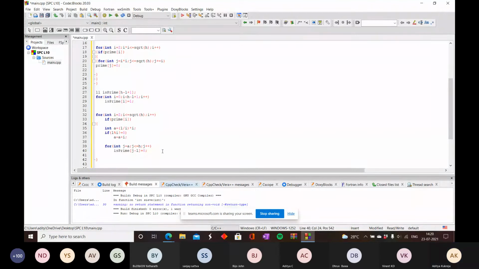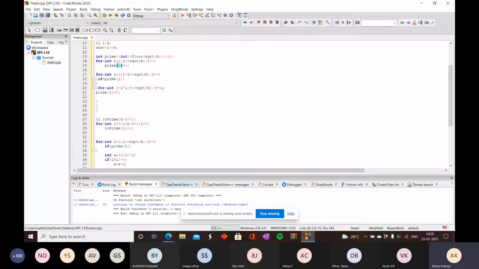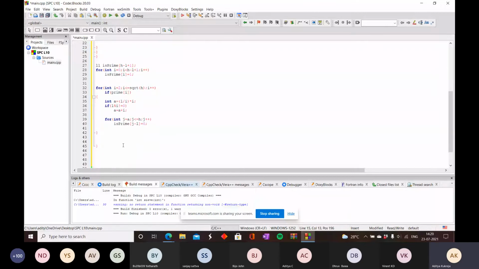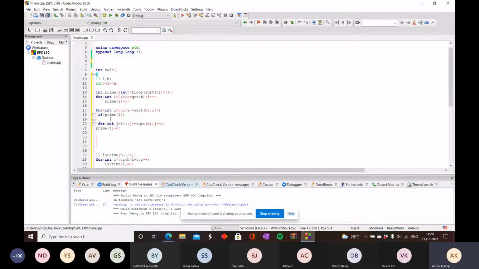And after we finish this, let me see if there's any mistake here. Okay, here also it will be an array. So once you finish crossing out everything, then you just have to output all your primes. Okay, this is an extra.